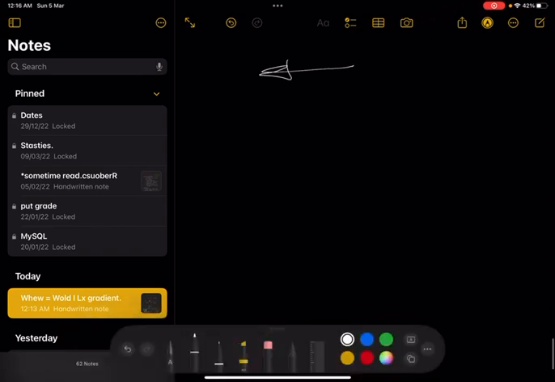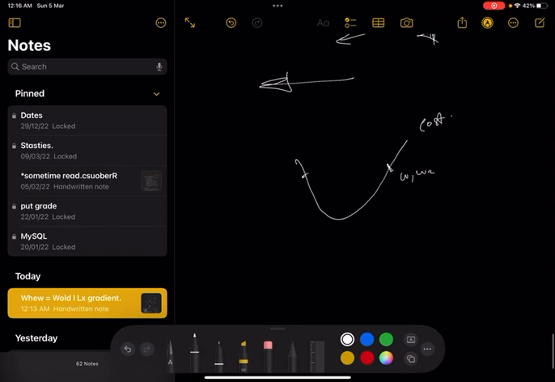So basically, let's say this is our cost function. We initialize our weights w1, w2, w3 in random fashion, and then we use the gradient descent method to reach the optimum values of all the weights.